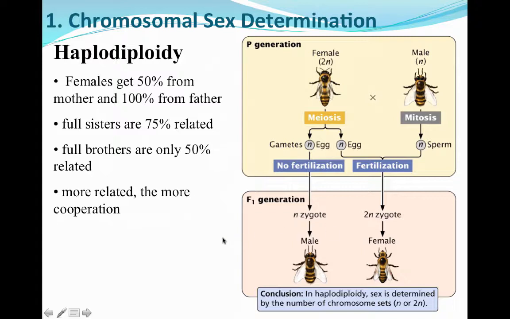So just some fun facts if you're interested in bees and bee production. Females are going to get 50% of their genetic material from their mother and 100% of the genetic material from their father. The bees that are full sisters to each other are actually 75% related, and full brothers are only half related, or 50% related. So think through that a little bit.